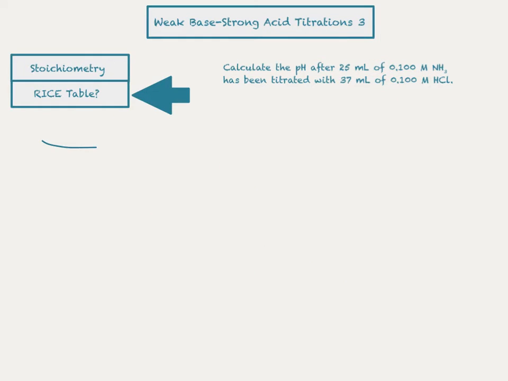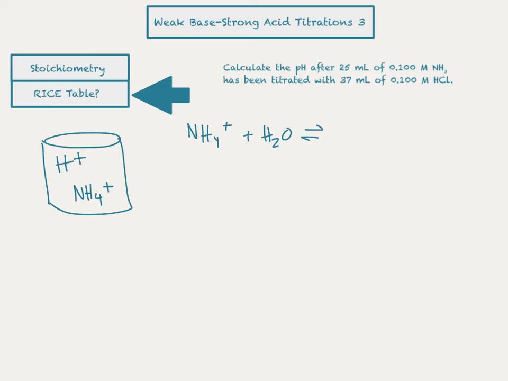Now that we know that we have significant quantities of our H plus and our NH4 plus, we need to figure out how to most effectively find the pH. Because I don't have any more of my ammonia, NH3, in my solution, I now have the case where the ammonium ion will once in a while donate its extra proton to water to form ammonia and the hydronium ion.